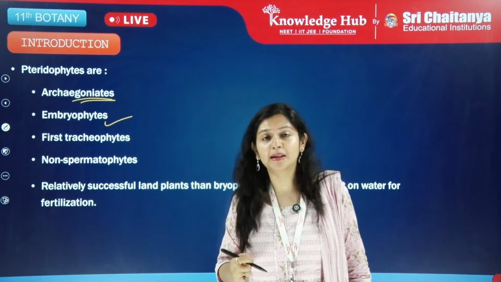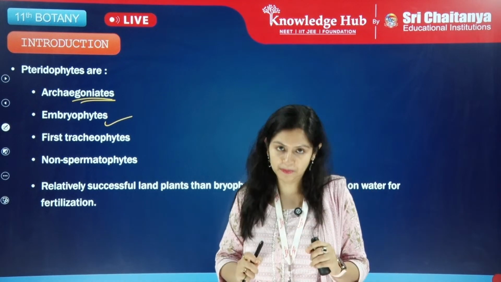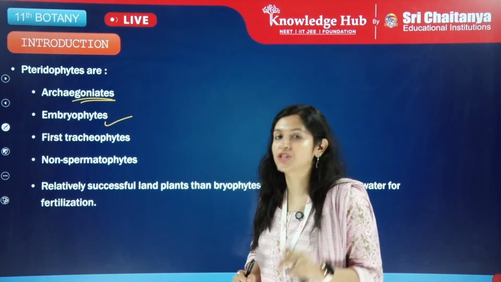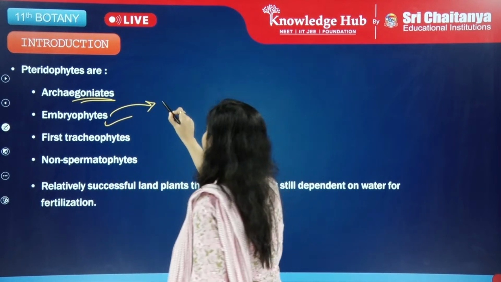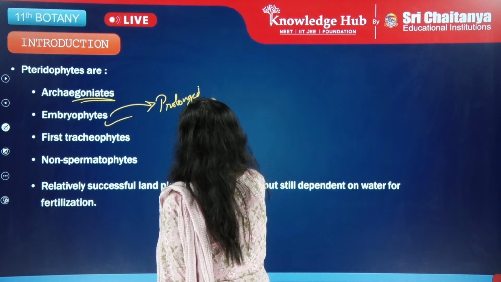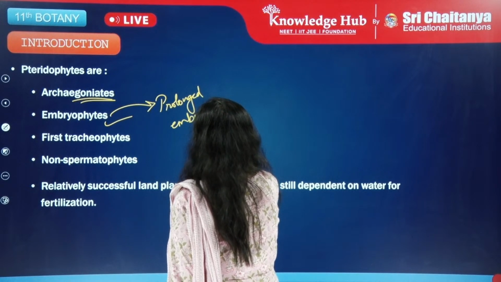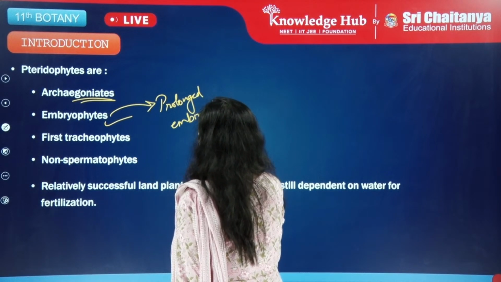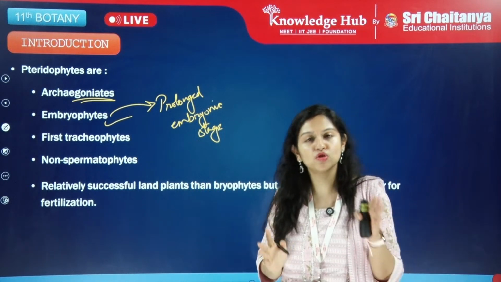It clearly depicts that the pteridophytes have a good amount of embryonic stage. By the word embryophytes, it means that they have a prolonged embryonic stage, and they have embryos also.